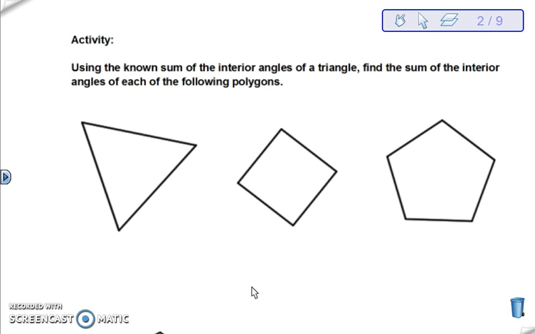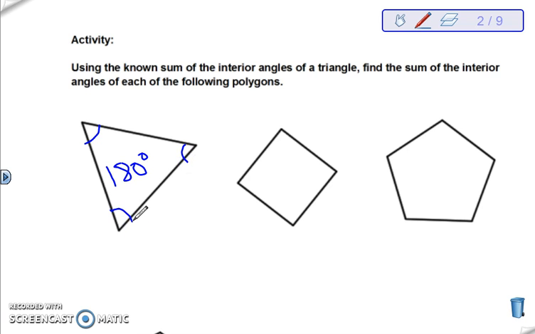So we know from previous lessons that the sum of the interior angles of a triangle is always 180 degrees. So if I'm looking at this first angle, it's clearly a triangle, so we know this guy has a sum of 180 degrees if I add all three of these angles.